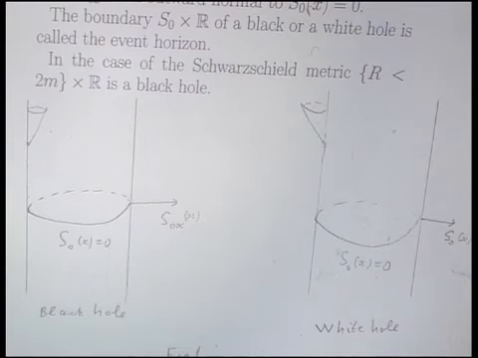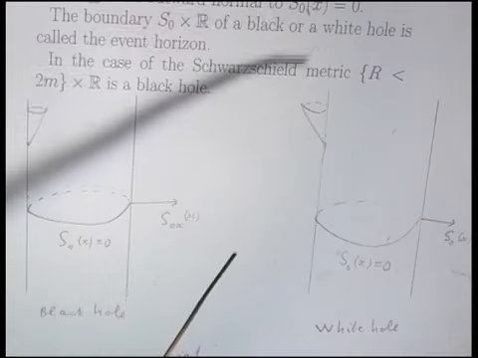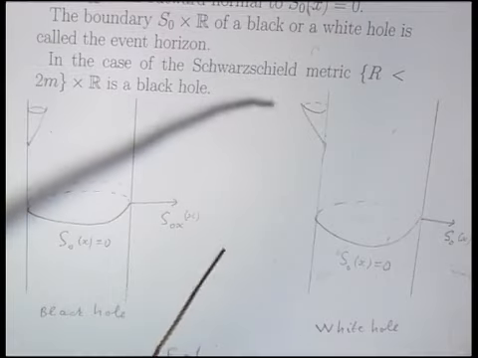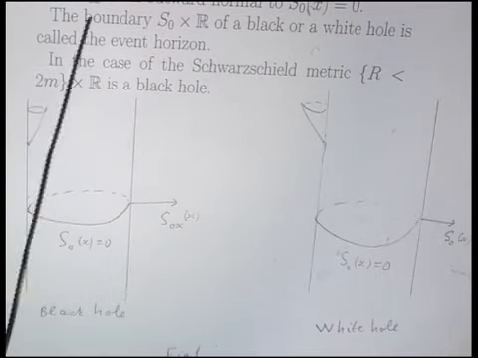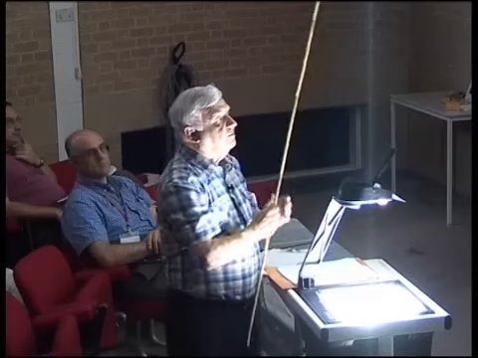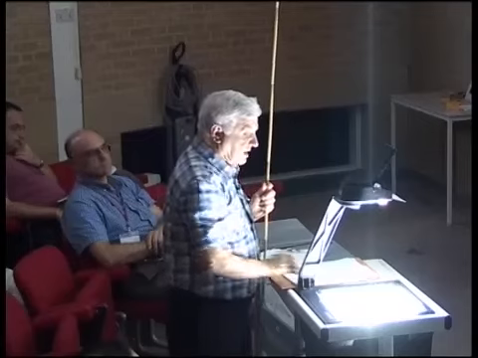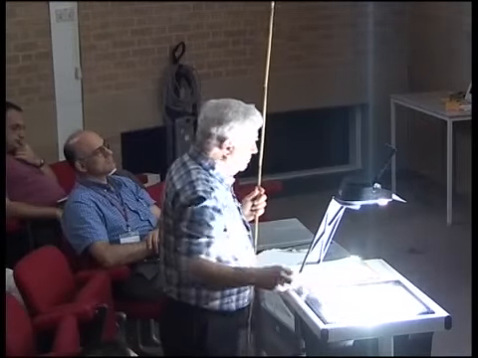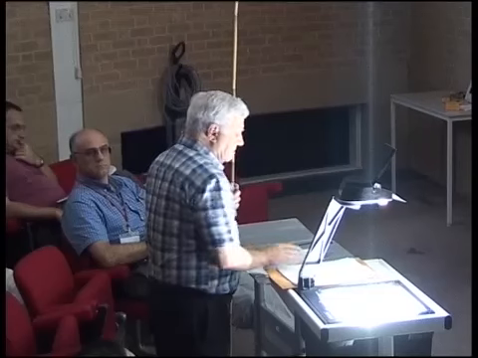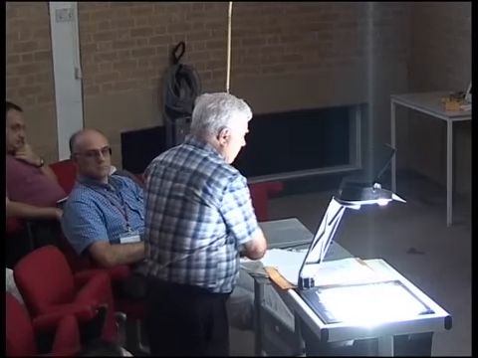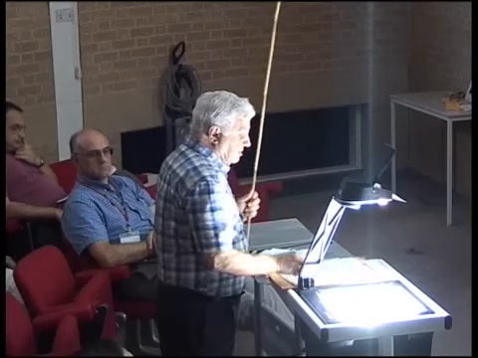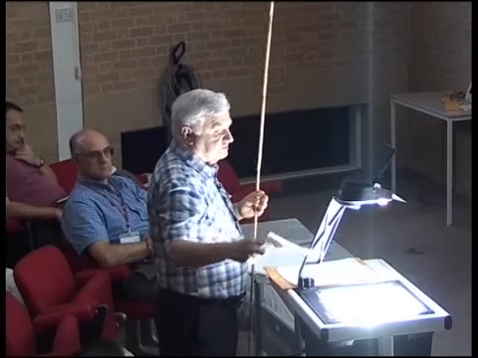So you cannot go outside, you stay inside. And a white hole is the opposite. If you take points on the boundary, the cone points outside. So this is a white hole or black hole.